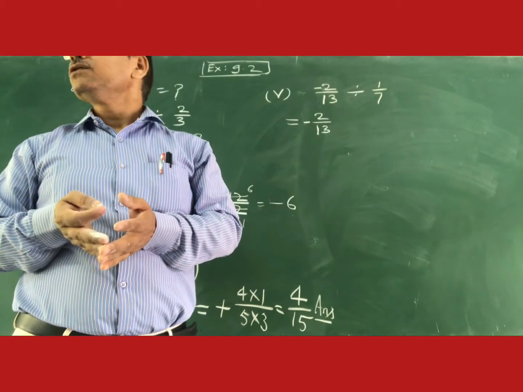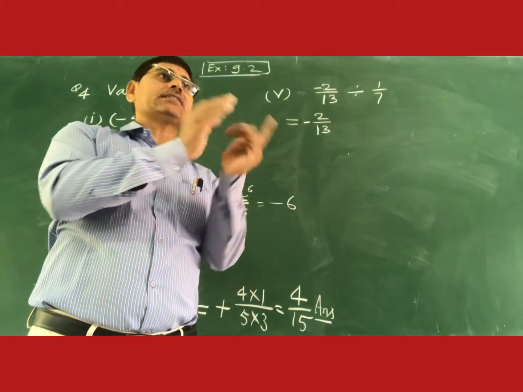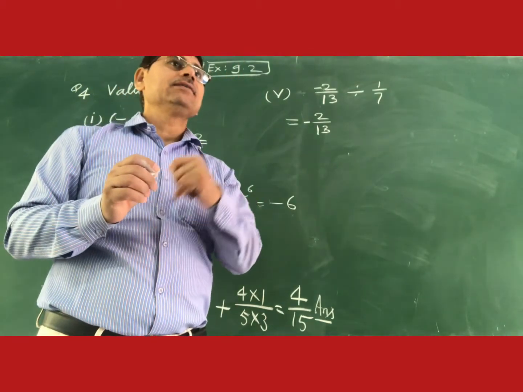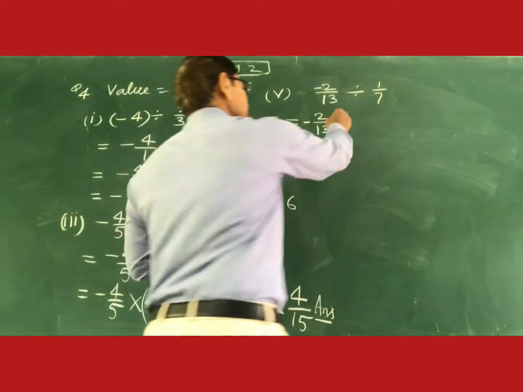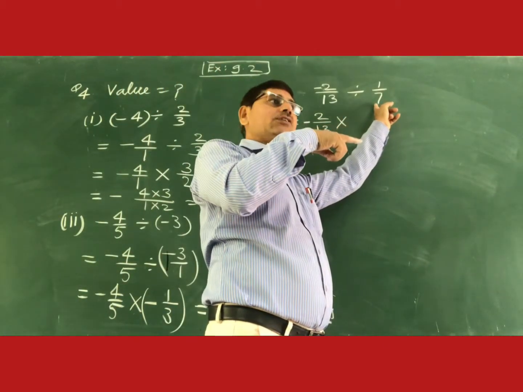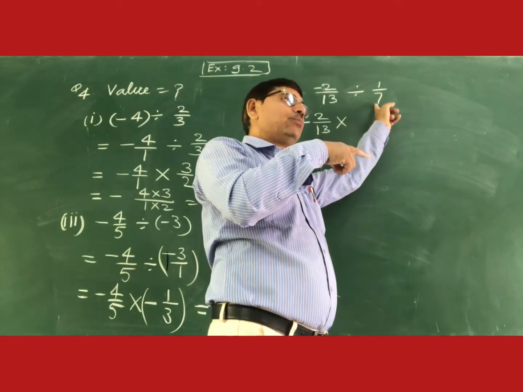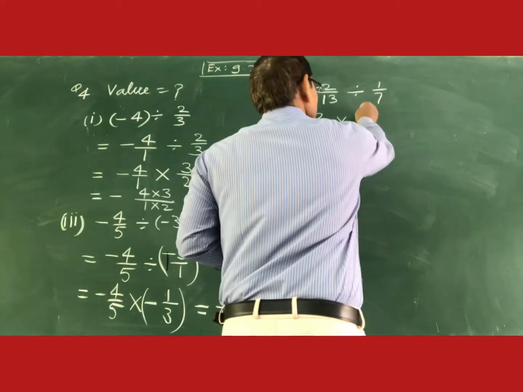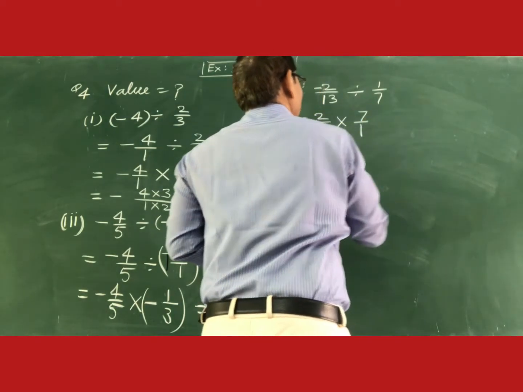So what to do? You will change the sign first. In the place of division, what do you write? Multiplication. Yes. And then at once you will change this numerator to denominator, denominator to numerator. That is the reciprocal of this rational number. So 7 by 1.